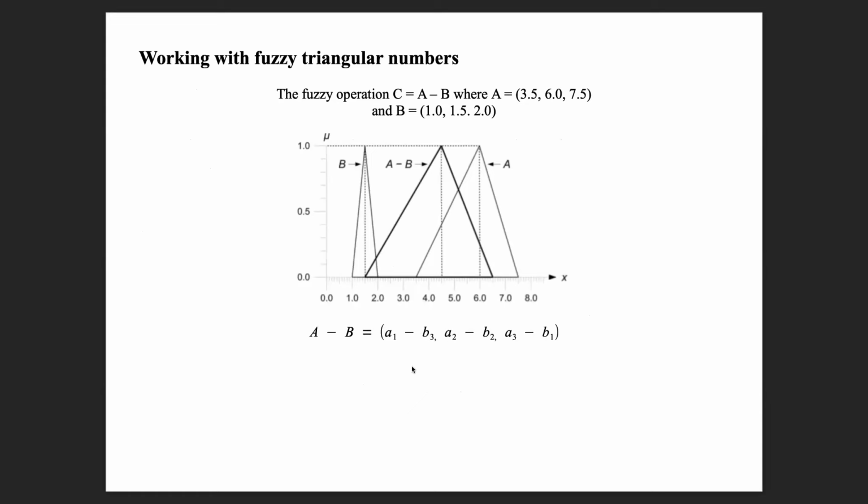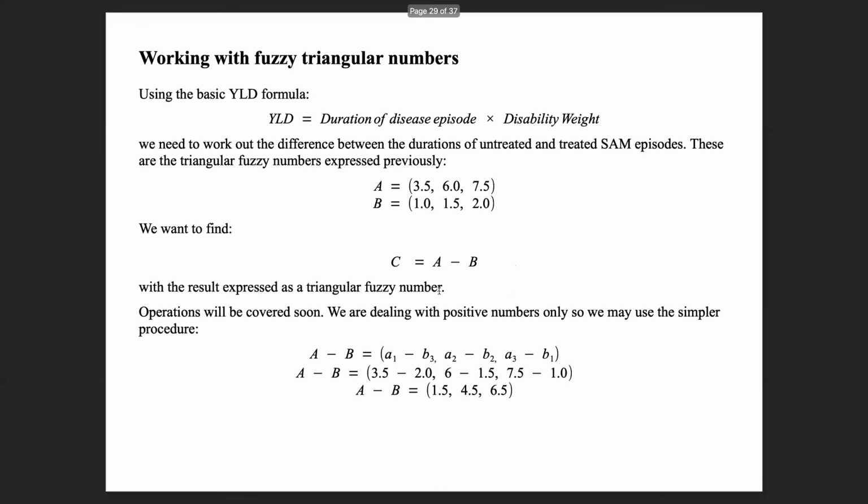And we can see here our untreated duration, here's our treated duration. We're going to take this from this, and our calculation here is our A1, which is here, our 3.5, minus B3, which is 2. So that's where we get our 1.5 from.